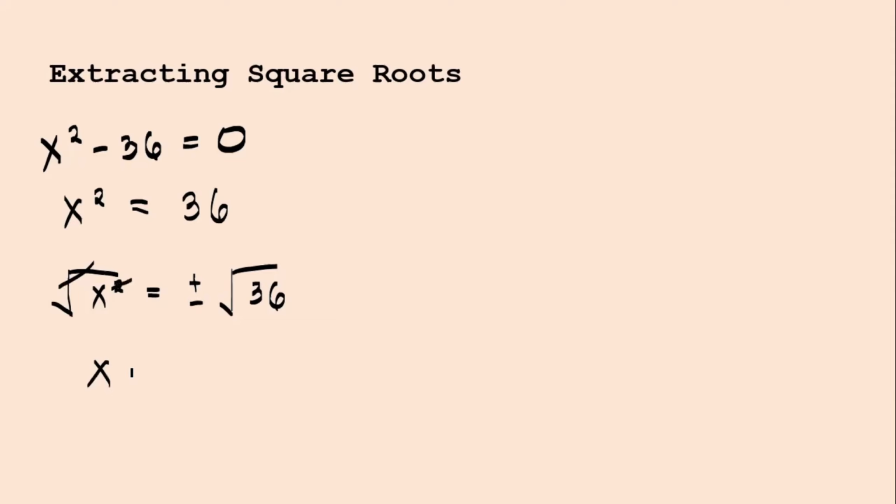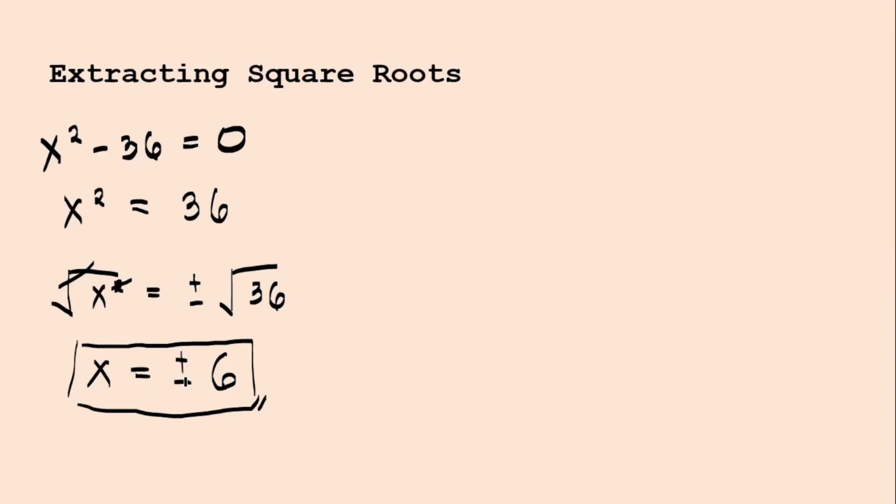We have x is equal to positive, negative, the square root of 36, which is 6. So the values of our x, or the solutions or the roots of our equation, will be x is equal to positive 6 and x is equal to negative 6.